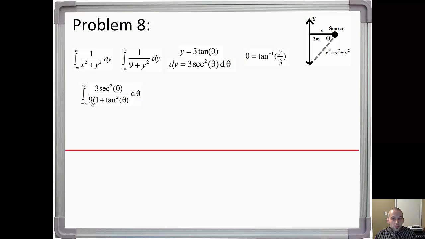There's already a 9 there, so bring the 9 out. Now, there's a trig identity that says 1 plus tan squared theta is equal to secant squared theta. We reduce the 3 over the 9 and bring that out. It's constant 1 over 3. And with the trig identity, this just equals 1.